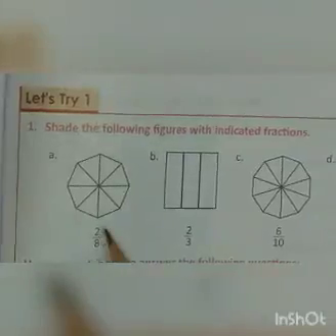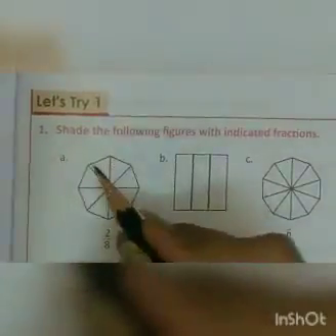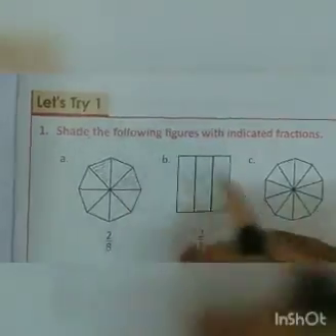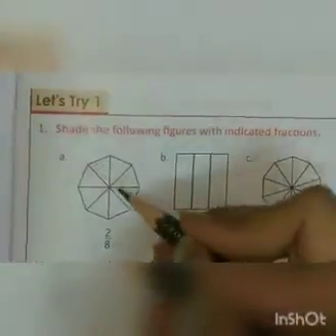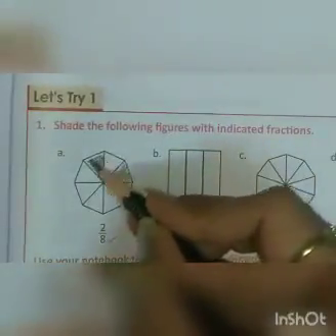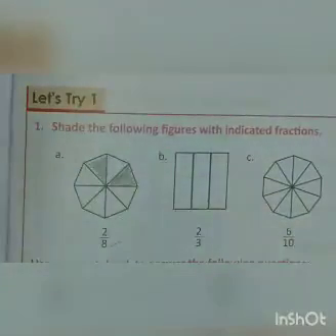The numerator, that is 2, indicates the number of equal parts which have to be shaded. So in this figure, only 2 parts have to be shaded. You can shade any of the 2 parts to indicate this fraction. So 2 parts have been shaded out of the total 8 parts.